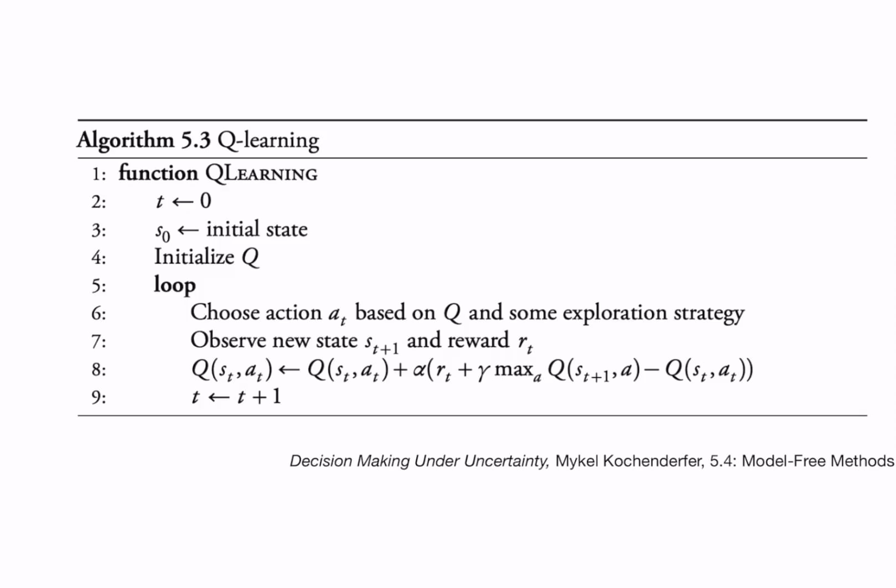So Q is an estimate of the state action value function. Again, it takes in the state and action, and it estimates the discounted return over time. And so we have this discount value, gamma. We also have a learning rate, which if it is a constant, it will decrease past values.